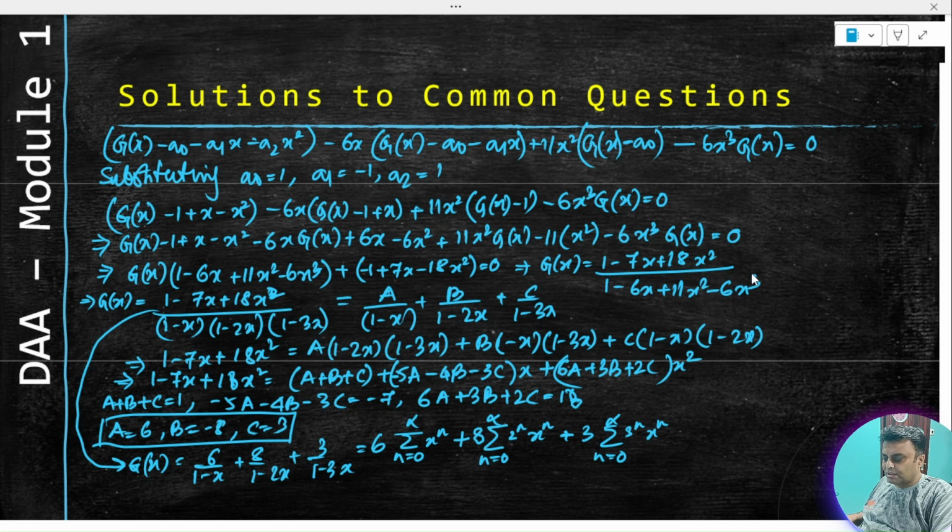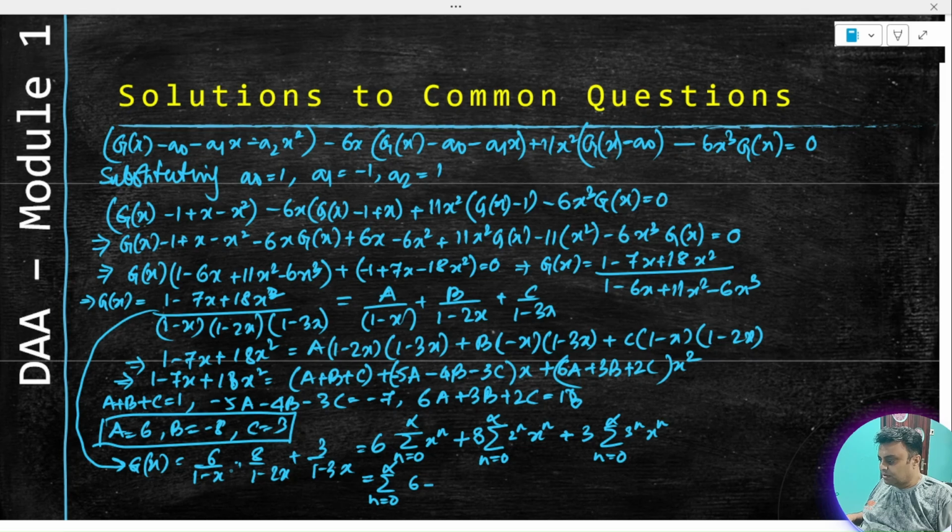And if I therefore do the summation here, this will look like sigma n equal to 0 to infinity, and then we can take 6 minus, is there a minus? Okay, b is minus, so this should have been a minus. B is minus, right? So we found b as minus 8.